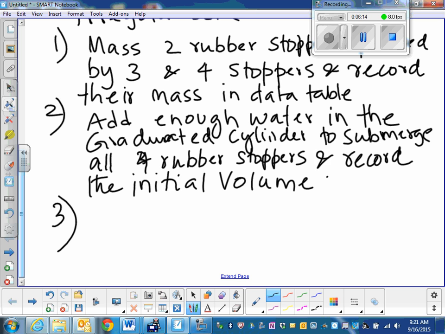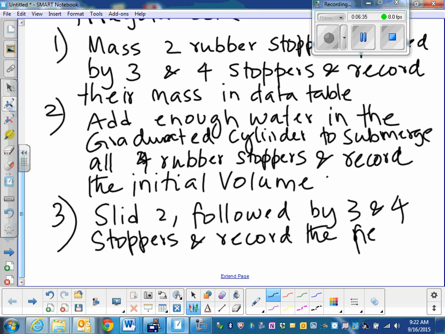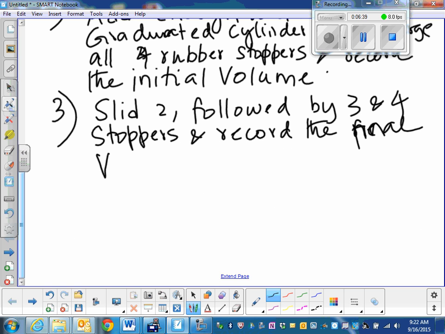All right, slide the stoppers. Slide 2, followed by 3 and 4 stoppers, and record the new or final volume. Record the final volume in each case.